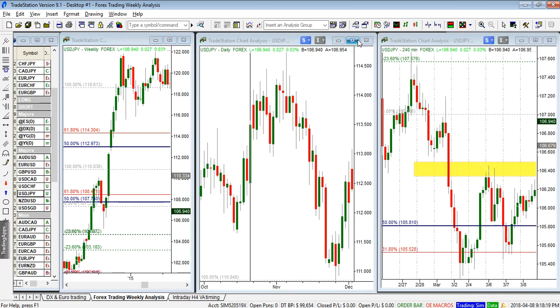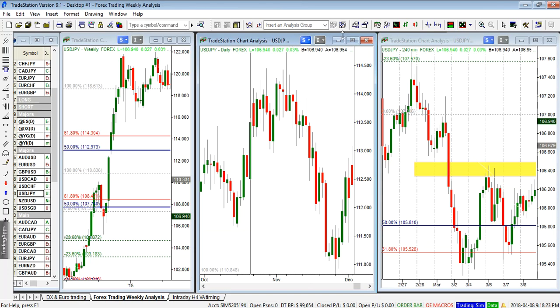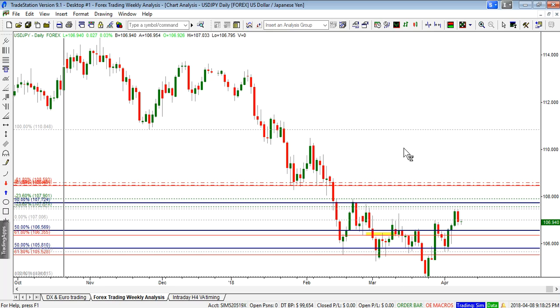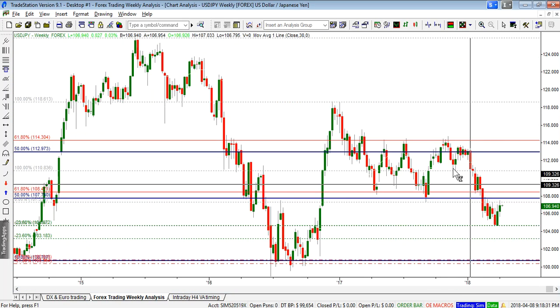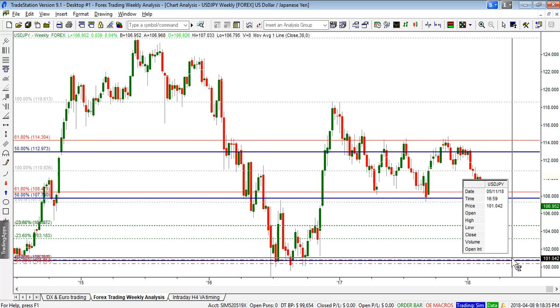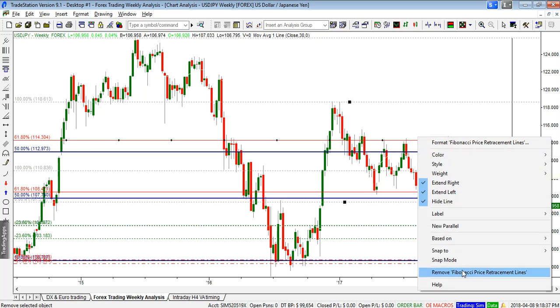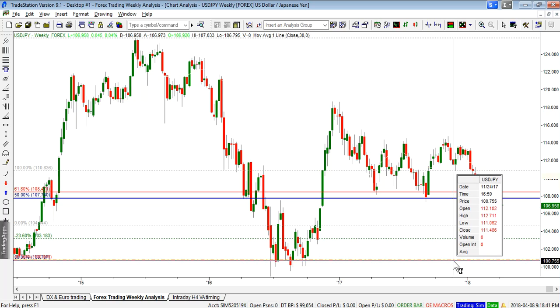And note also how, and I'm going to show this on the daily here, on the weekly, note how this extension short here as first and second targets aligns up with the support level at 170.